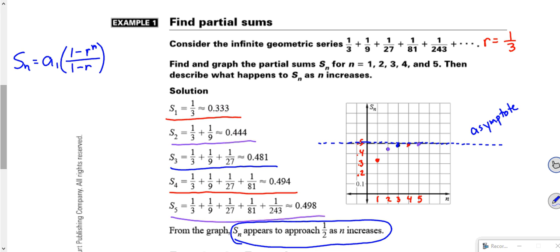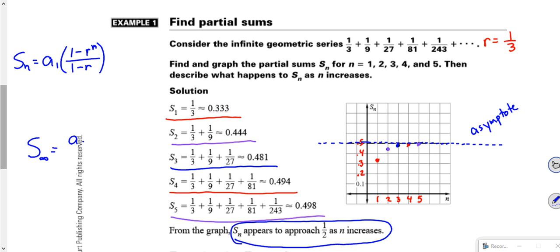So if we took the infinite geometric series formula, would we get a half? I'm just going to use this and test it out, using the formula from up above. Now, the formula from up above doesn't have the little infinity symbol, but I'm going to put it down there so you know there's a difference.